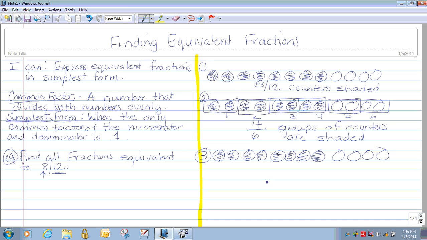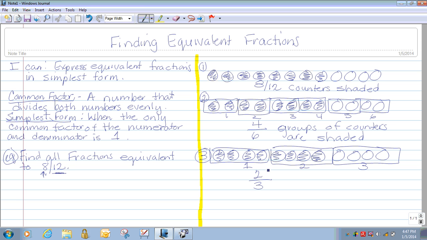So let's look at how many counters I would need in each to make 3 equal groups. So now I have 3 total groups: Group 1, Group 2, Group 3. And how many groups are shaded?